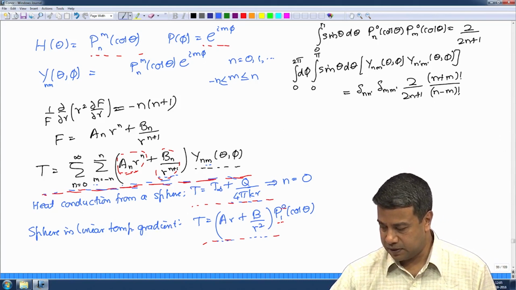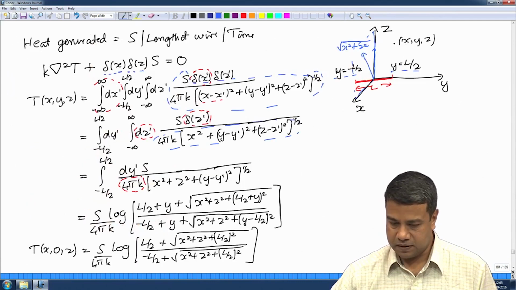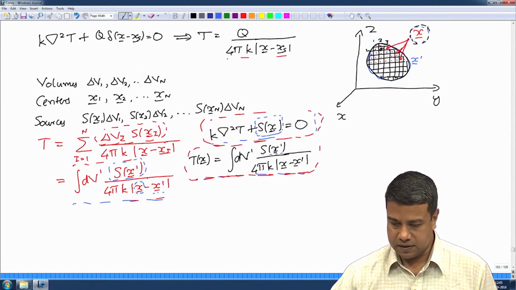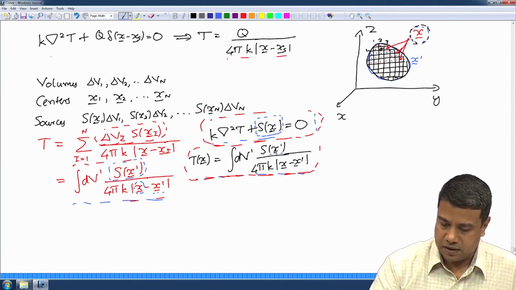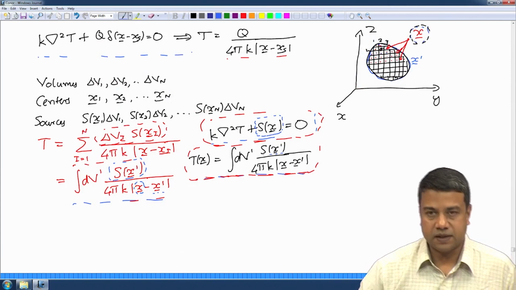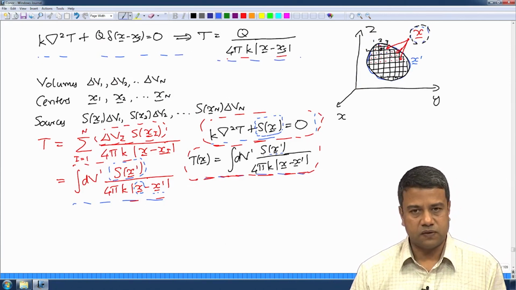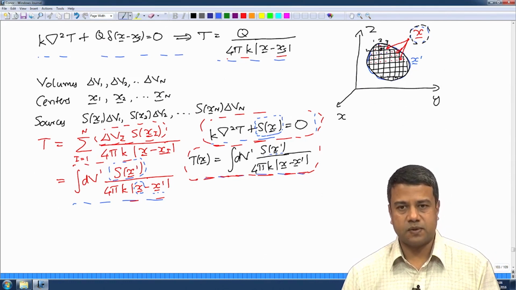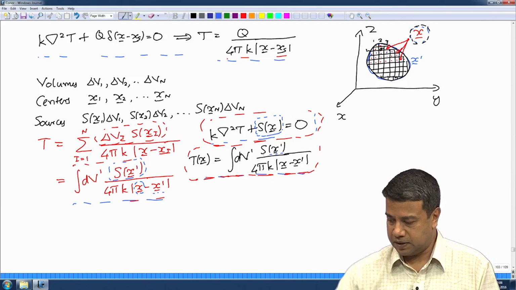We had also solved the same equation in a different way, by considering an inhomogeneous term in the form of a delta function. For that we got the solution as q by 4 pi k times the distance between the source and the observation point.